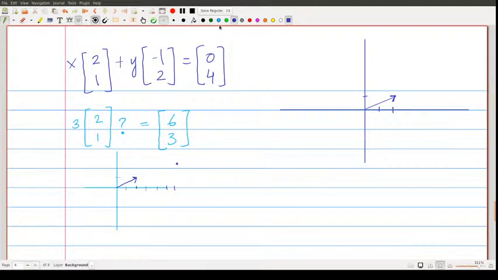So this blue vector will be again in the same direction but longer, right? So at this point we know that scalar multiplication scales the vector. Scale means to change the length.